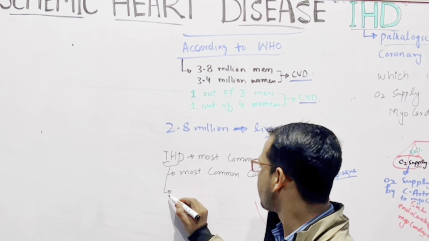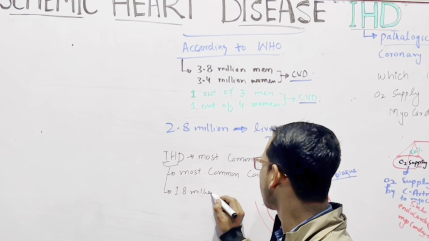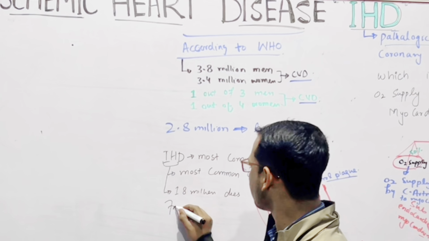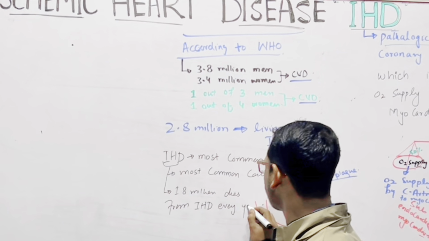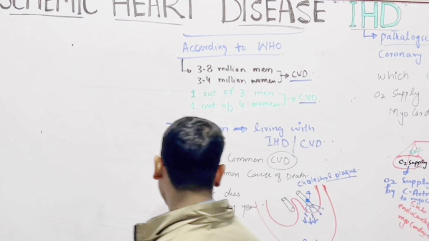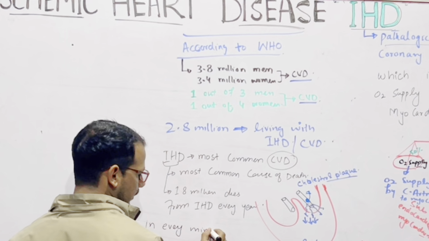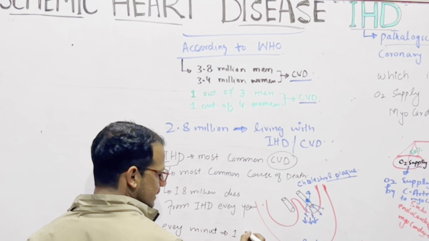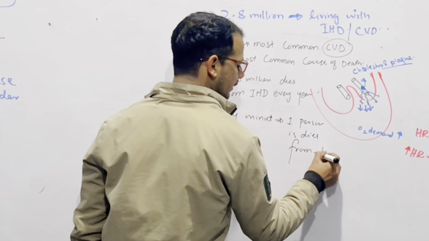In some research, 1.8 million people die from IHD every year. It means that every minute, a person dies from IHD.